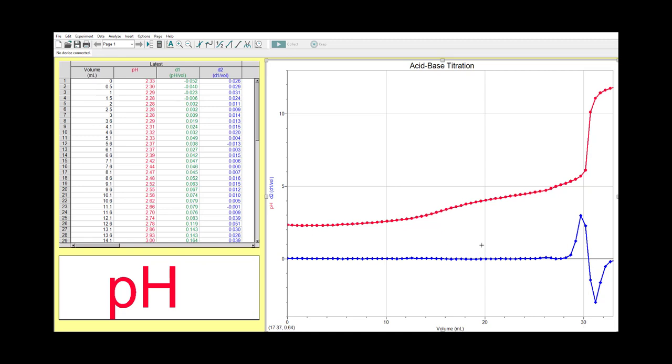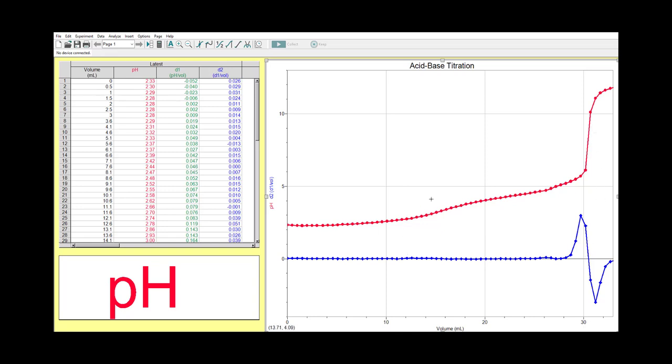Then you could hone in on the second derivative plot and notice where the second derivative plot line from the max and min crosses the volume axis. Where the second derivative plot crosses the volume axis from the max and the min points, this intersection is the equivalence point volume.